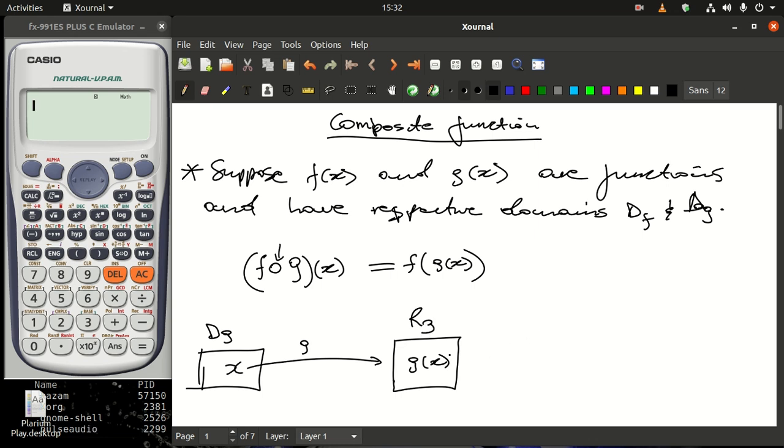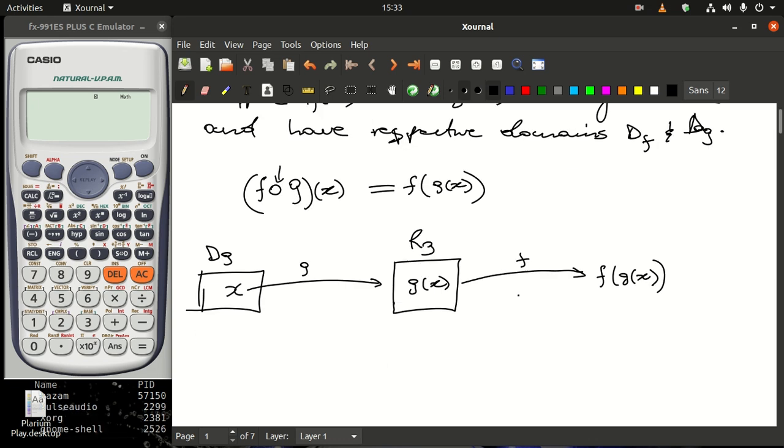Once you have that output, you take it as an input, you plug it in f, and then you end up having f of g of x. That's what this thing is actually saying to us.